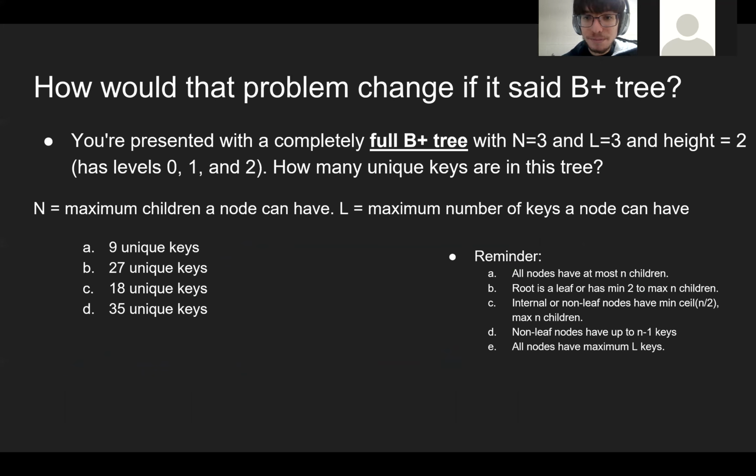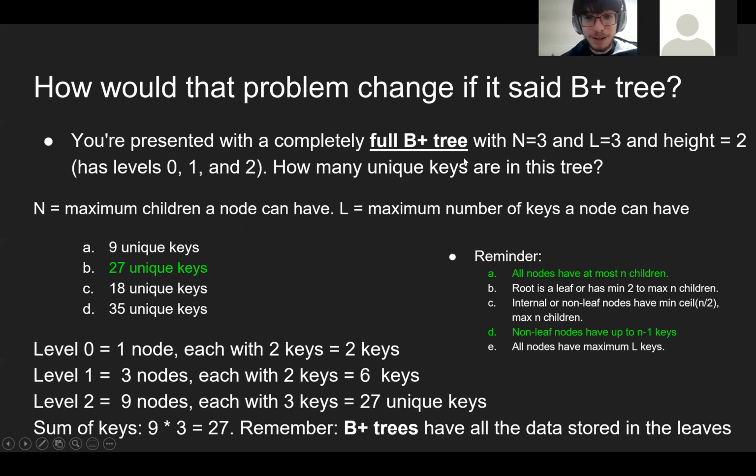So this one would just be 27 because it's basically the same as the last one, but it's only the leaves. That's exactly right. Because with the B plus tree, we asked how many unique keys there are. Internal nodes don't have unique keys. And so as a result, it's just the 35 minus the 8 internal nodes, 27.